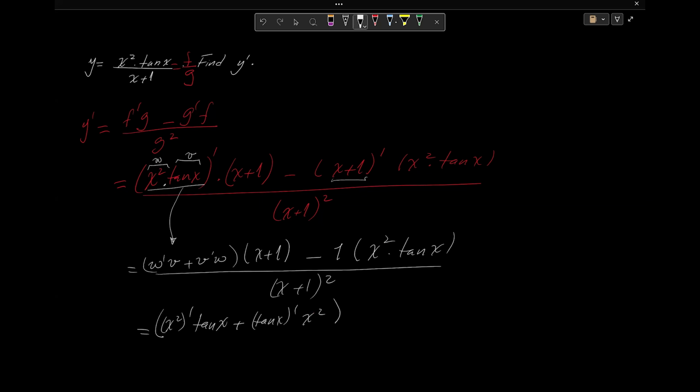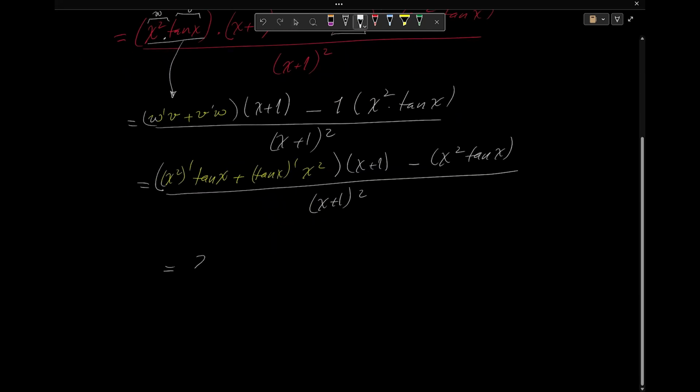This thing here in yellow is all of this here. That's what it translates to. Okay? Times x plus 1 minus x squared tangent x over denominator squared.